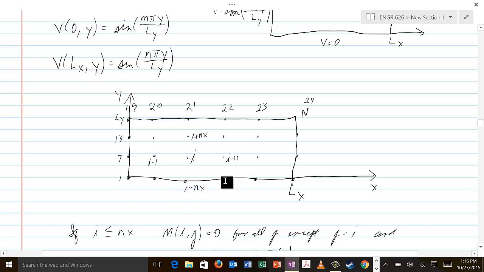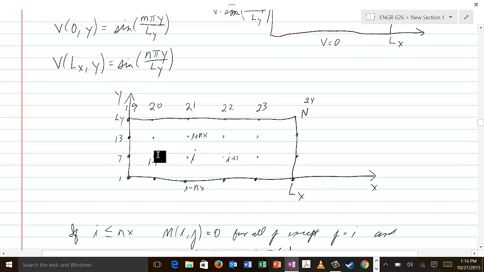Or you could number first in the horizontal direction. And that's what we've chosen to do in this example: we've numbered in the horizontal direction first and then in the vertical direction. So this is 1, 2, 3, 4, 5, and 6.